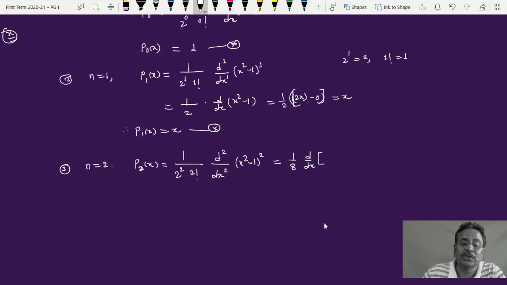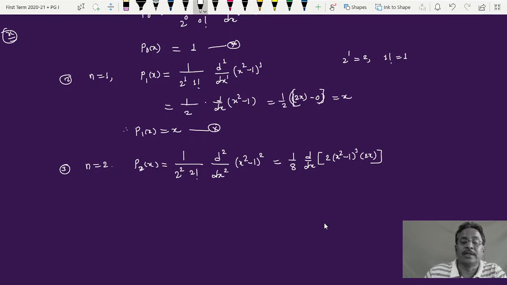So getting the differential, the first differential of x square minus 1 raised to 2 is 2 into x square minus 1 raised to 1, multiplied by the differential of x square, which is 2x.